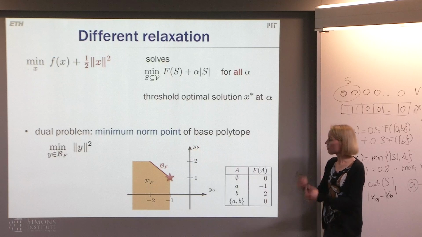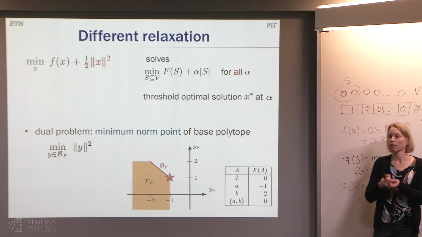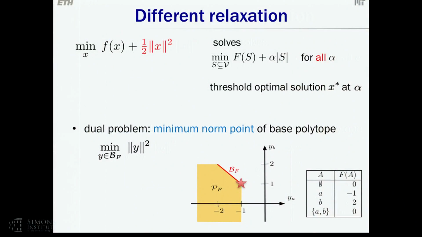It's basically finding the point in the base polytope that is closest to 0, that has the smallest norm. The squared norm looks like a pretty easy thing to optimize, but now we have this constraint. And I told you this is like this polytope with the exponentially many constraints. How would we solve that?